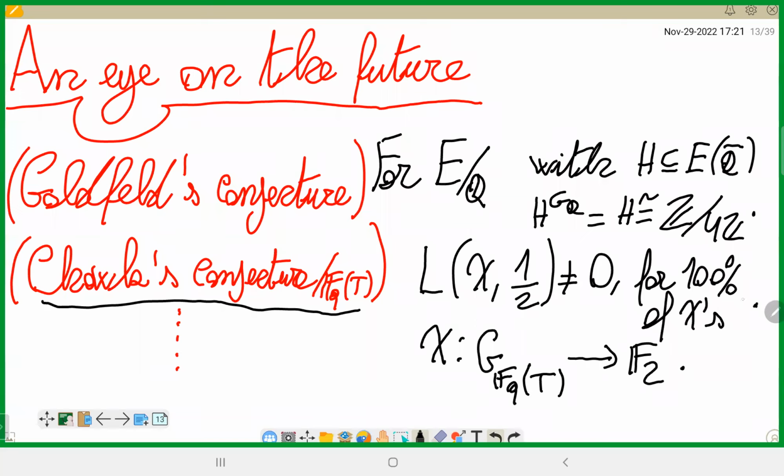So the current results allow for some proportion, but if you fix q, the proportion is never 1. It's something a little bit smaller. All right, and there are more, and I will just mention these two. And if there are more questions later, I can explain a bit more the connection.